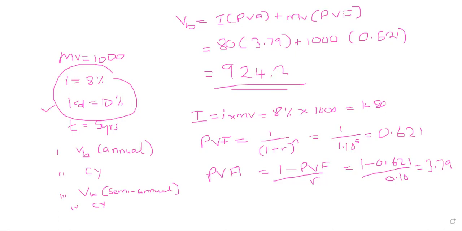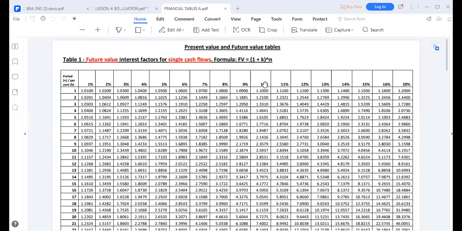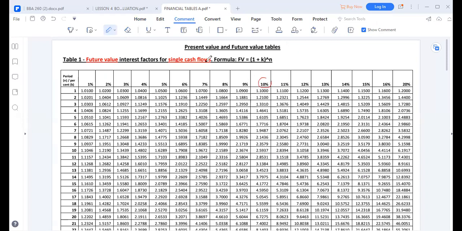You could as well have chosen to use the table. This present value interest factor, it's direct to the table, 10, 5. 10%, 5 years. So let's check in the table. We go to 10% here, then under 5. So this is a future value.